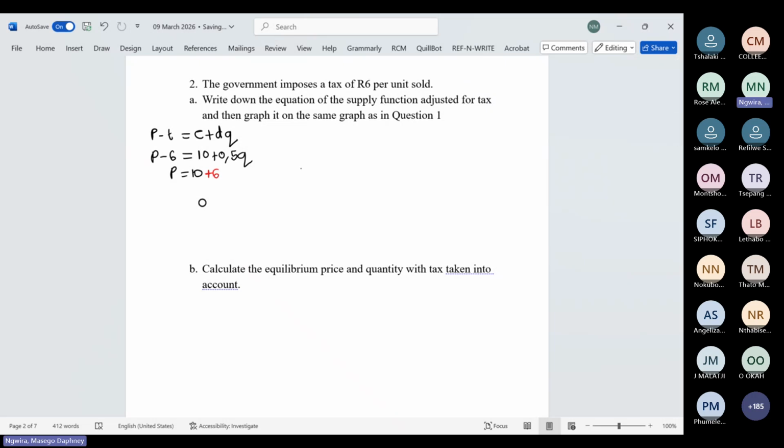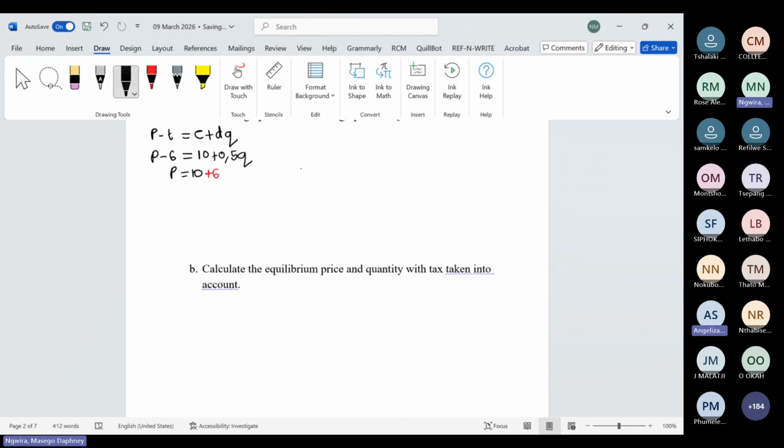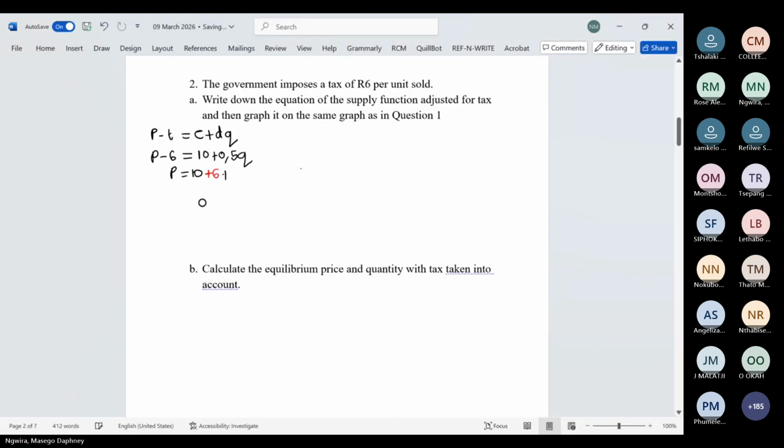Everything else stays the same, plus 0.5Q. And 10 plus 6 is 16. So P is equal to 16 plus 0.5Q. This is our equation of the supply function adjusted for tax.